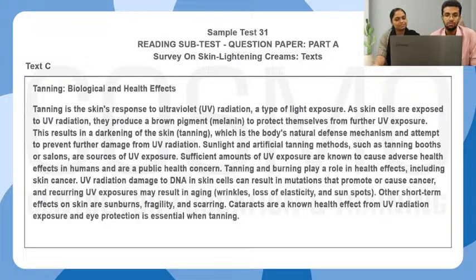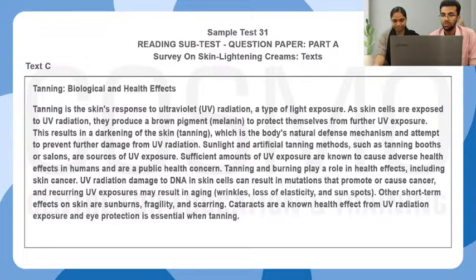So the synonym of vital is essential, and the synonym of skin darkening is tanning.